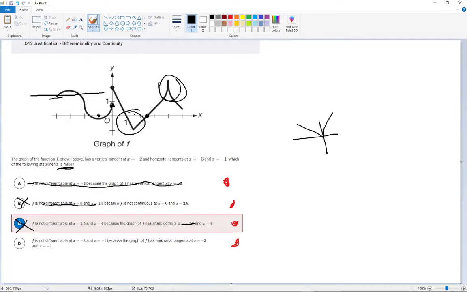So this statement is actually false, because a horizontal tangent doesn't make the function non-differentiable. It would have to be more like a vertical tangent or something else. At this point, it is continuous. So I will say that D is going to be the final answer because it's false.